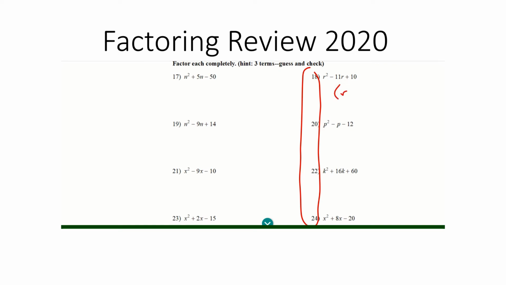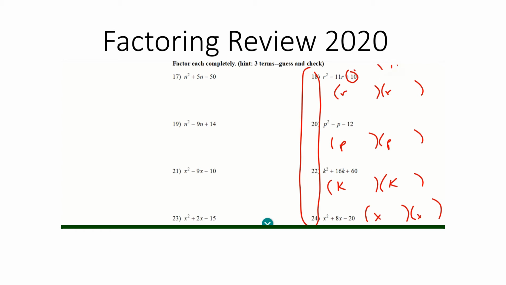So I know I'm going to have R and R, P and P, K and K, X and X, because I'm forcing that to happen because that's the only way I can get R squared is R times R. And then I'm looking for numbers to put in to see if they multiply to give me 10 and they add up to negative 11.